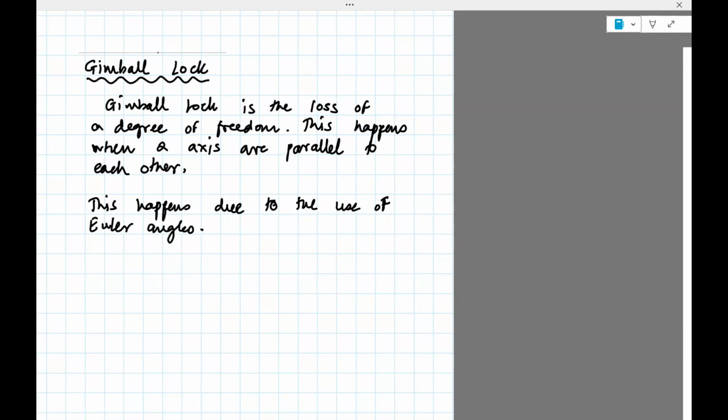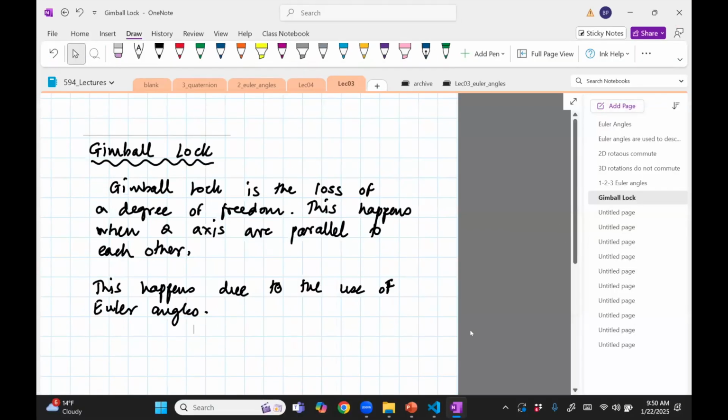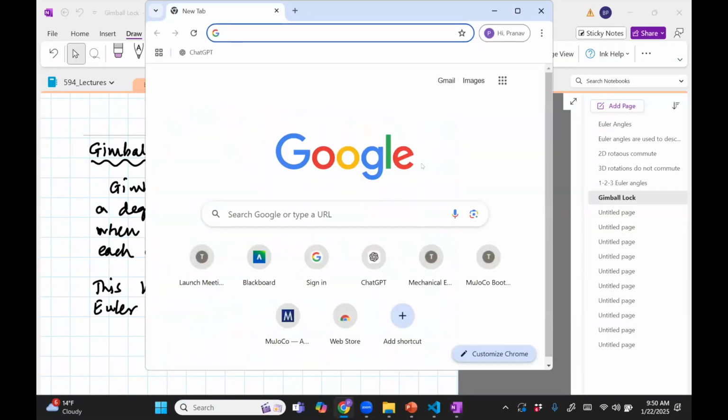There are other methods which you can use which will not lead to the gimbal lock. So it's a representation issue. Imagine a language which cannot describe certain words. That's the problem with the language, not that the object which you're trying to describe doesn't exist. I think the best illustration of this is actually looking at the Wikipedia page. There is a good animation which we can look at, and then I can explain based on that.